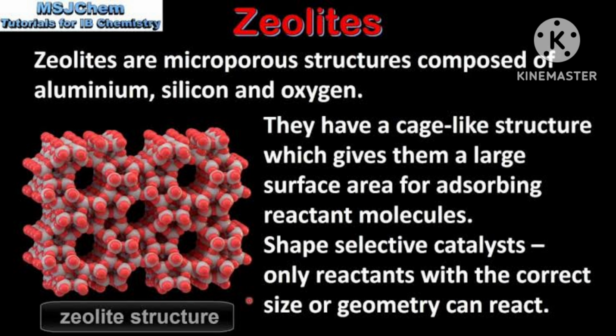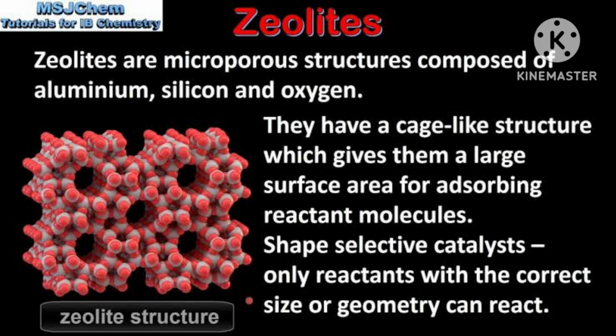Examples are feldspar and zeolite. The zeolite anion is negative, and when sodium, potassium, calcium, which are positive cations, join, it is neutralized.